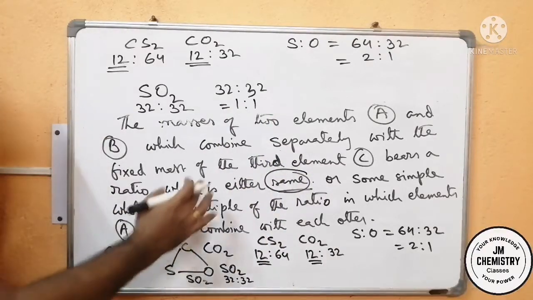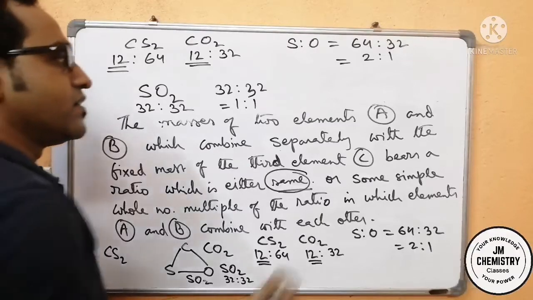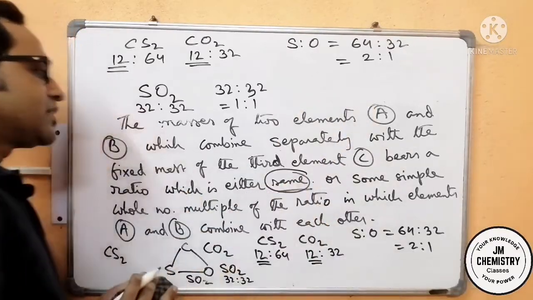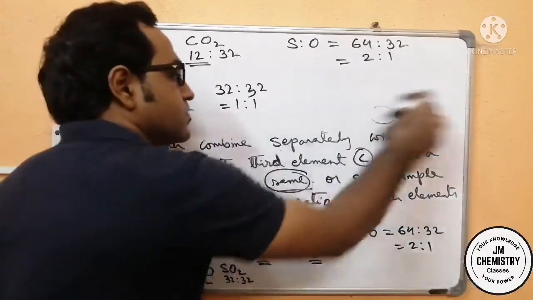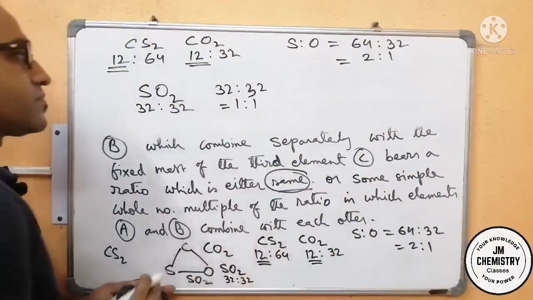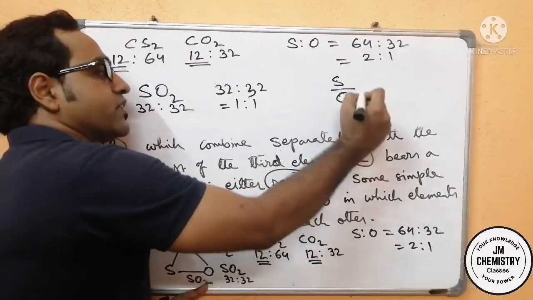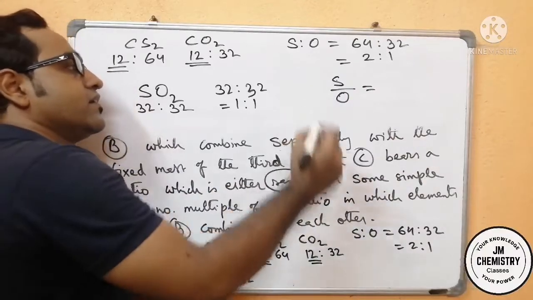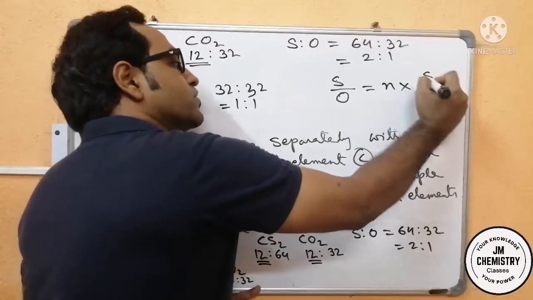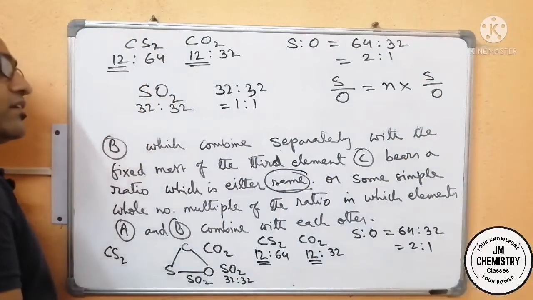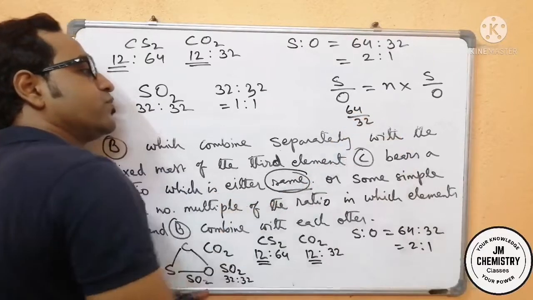So the law says it will be either the same or some simple multiple. So how is it a simple multiple? This ratio of sulfur to oxygen should be a simple multiple N into sulfur by oxygen. Sulfur by oxygen was 64:32.